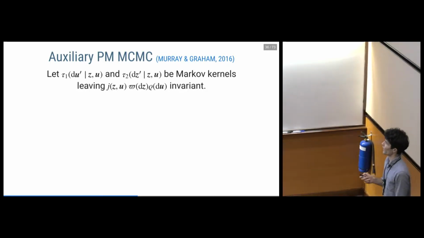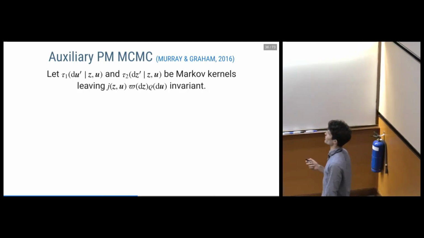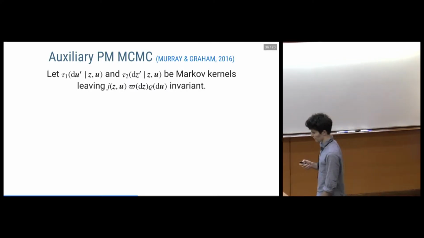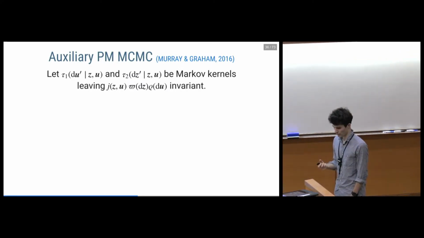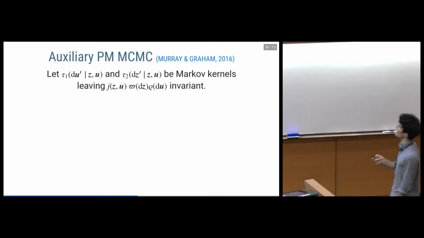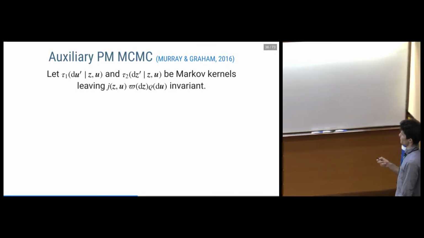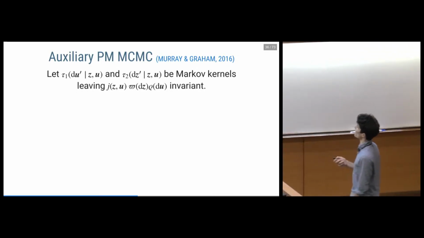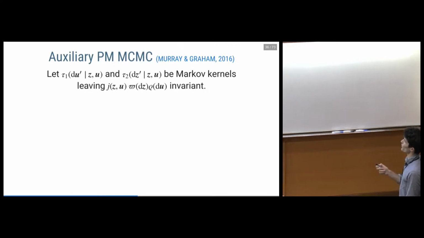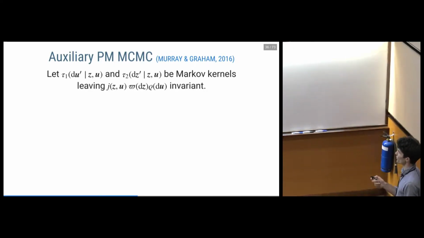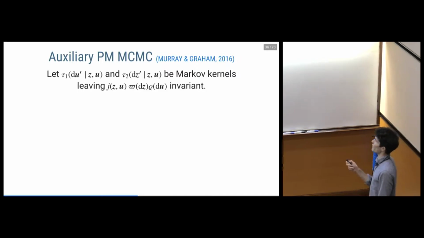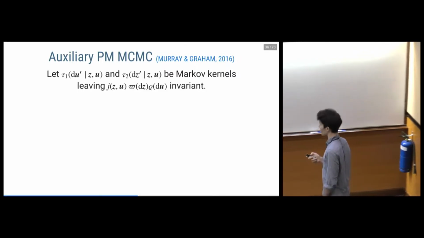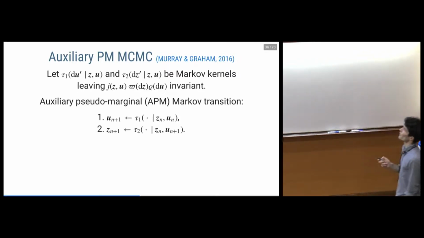and myself. And the basic idea is to take an original pseudo-marginal Metropolis Hastings type system and split the update on that joint target density that we introduced in the previous part into separate Markov kernels which update those auxiliary variables and then the target variables of interest, these Z variables.